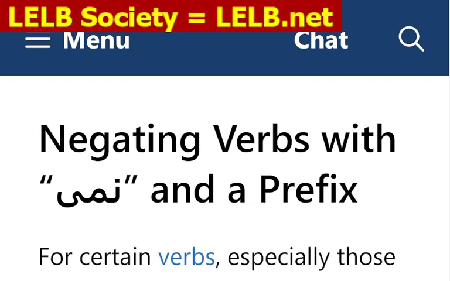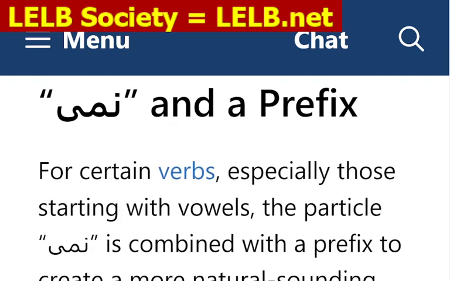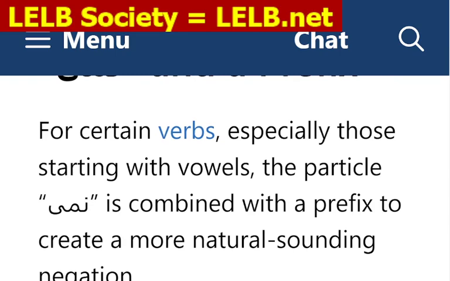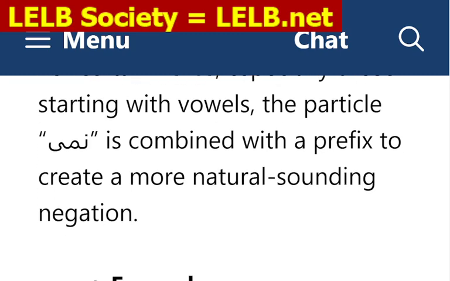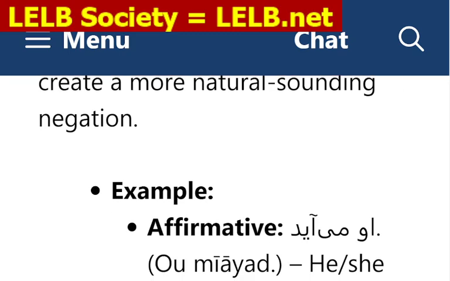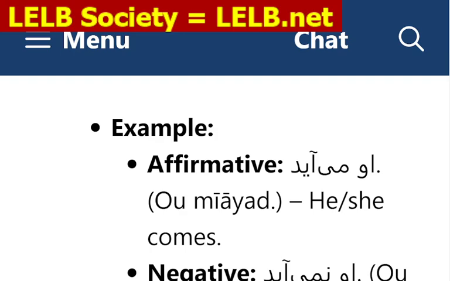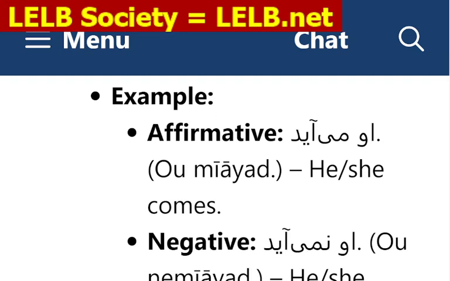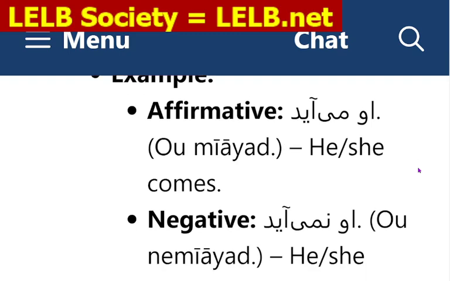Negating verbs with nemī and a prefix. For certain verbs, especially those starting with vowels, the particle nemī is combined with a prefix to create a more natural sounding negation. This is called assimilation in linguistics, phonetics and phonology. Affirmative: او mīāyad, it means he or she comes or will come.